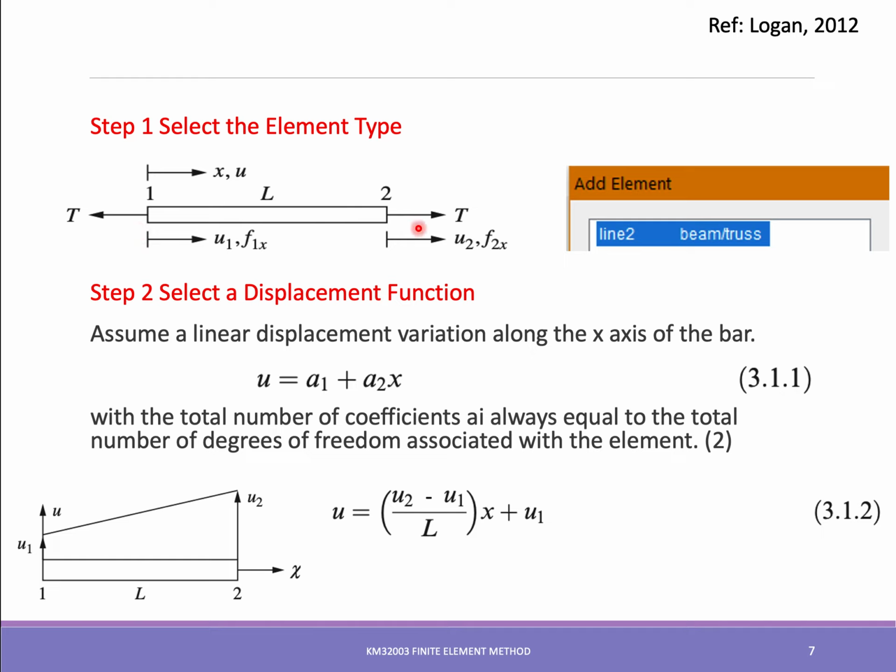In this element there are only 2 degrees of freedom, and because of that, the best approximation displacement function selected would be a straight line equation. We have a1 plus a2x, and it forms these characteristics of linear change across the length of the finite element. So you can describe it in this form.